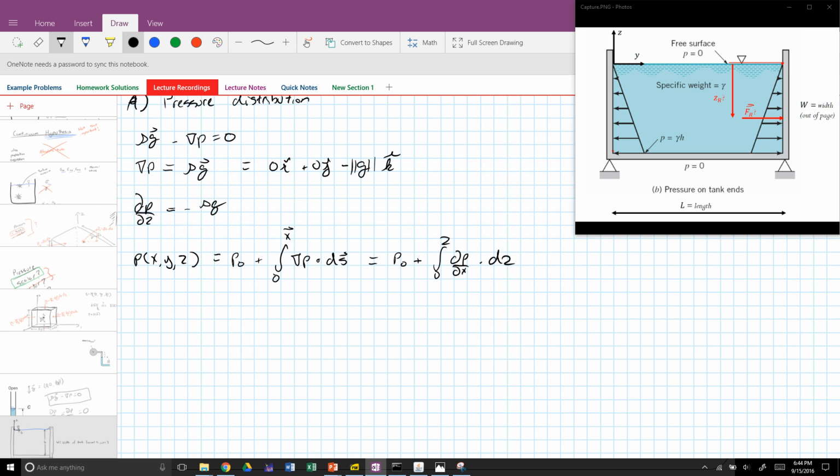And because dp dz is constant, that is dp dz is equal to negative rho g, we can write this simply as p naught minus rho g times z minus 0, or just z.